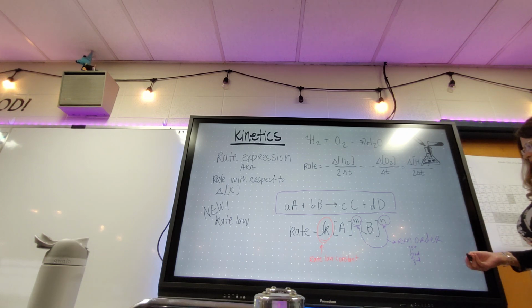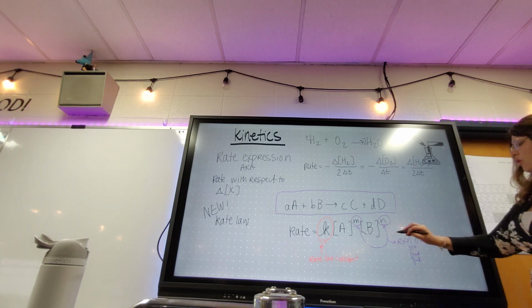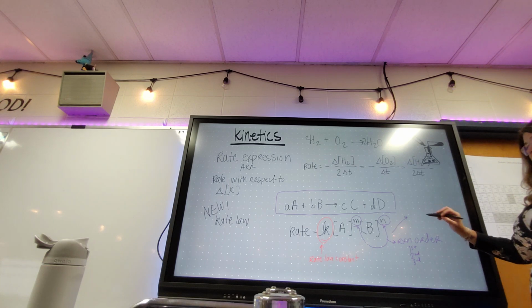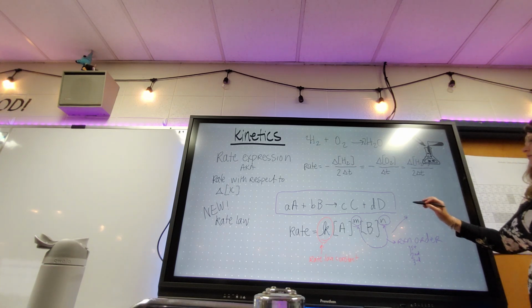Okay, so where do they come from? You can only know what m and n are, like if their number is 1, 2, or 3, based on experimentation only.